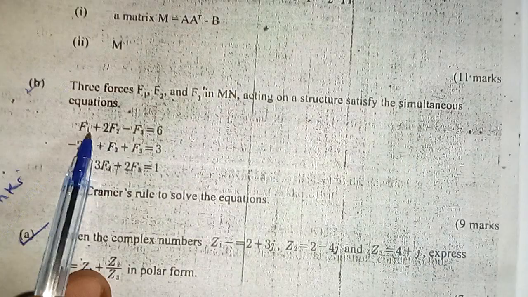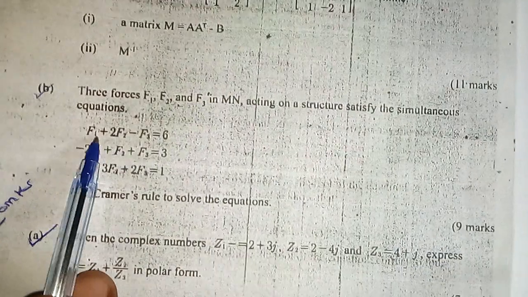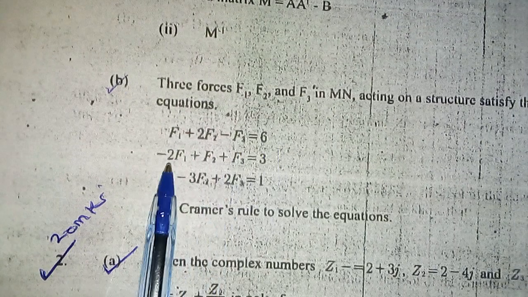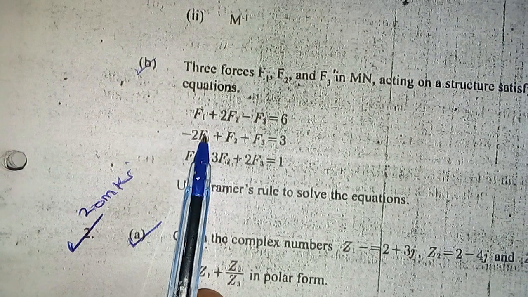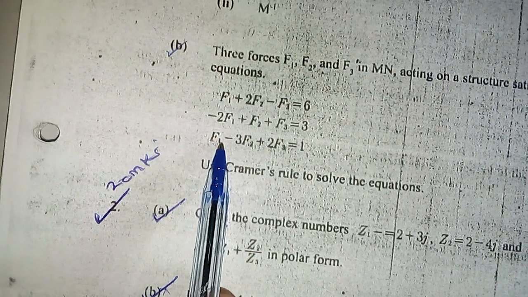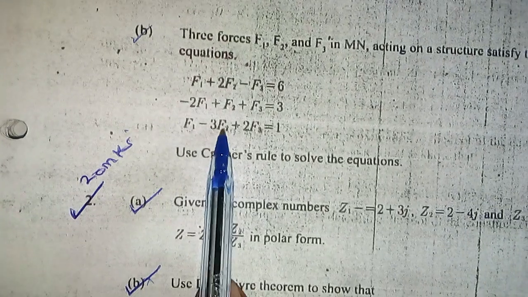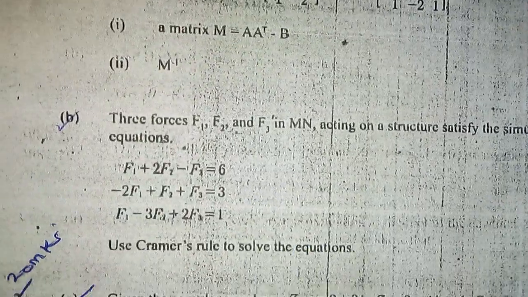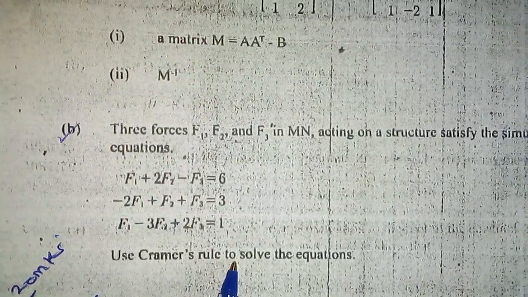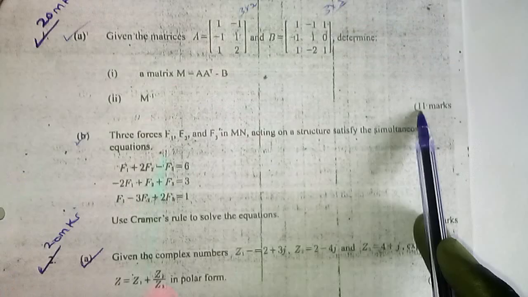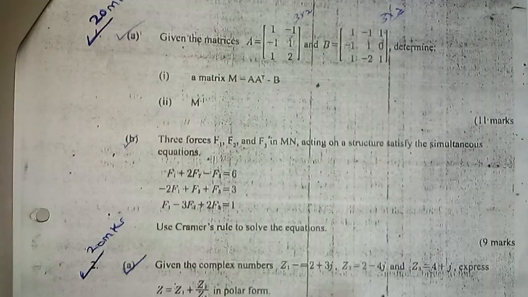They satisfy the simultaneous equations: F1 plus 2F2 minus F3 is equal to 6, minus 2F1 plus F2 plus F3 is equal to 3, F1 minus 3F2 plus 2F3 is equal to 1. Use Cramer's rule to solve the equation. This is 9 marks and this is 11 marks. The whole part of matrix is 20 marks, which is the usual 20 marks for this past paper.